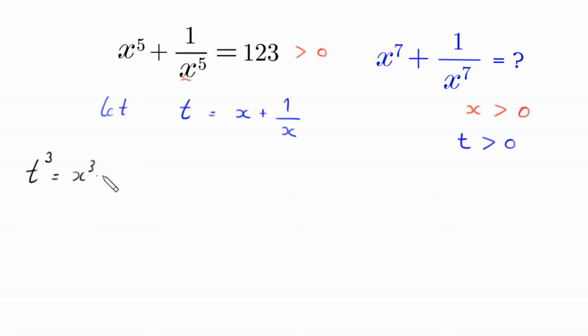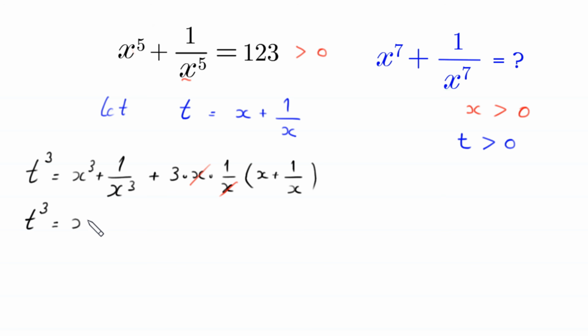x cubed plus 1 over x cubed plus 3 times x times 1 over x times x plus 1 over x. Now this x will be cancelled out with this x, and this equation will become t cubed is equal to x cubed plus 1 over x cubed plus 3.